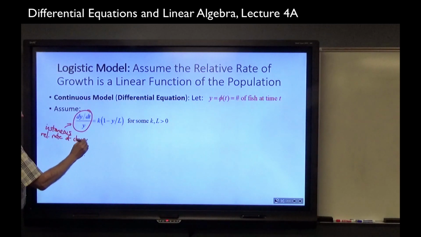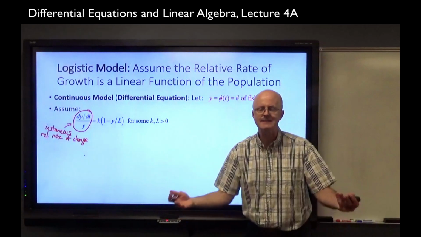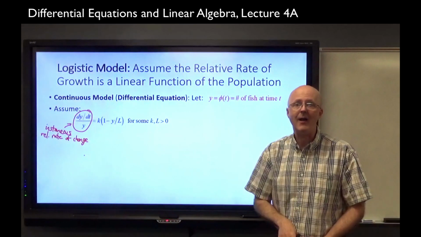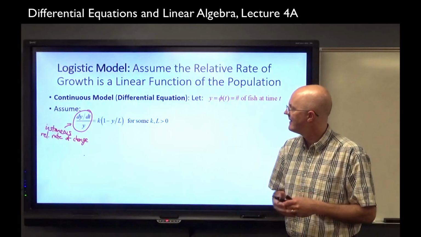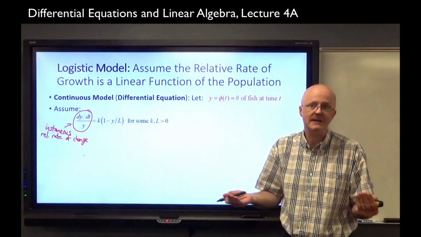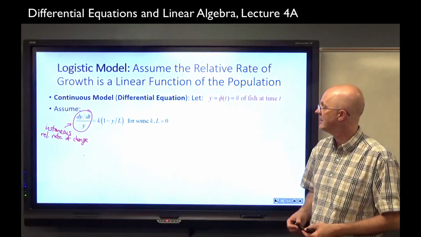It's not always growth. Dy dt is the rate of change, the instantaneous rate of change, the derivative, right? If you divide that by y, the current population, that would give you an instantaneous relative rate of change. Typical values here might be, again, 0.1 or 0.2 for 10% or 20% continuous growth.